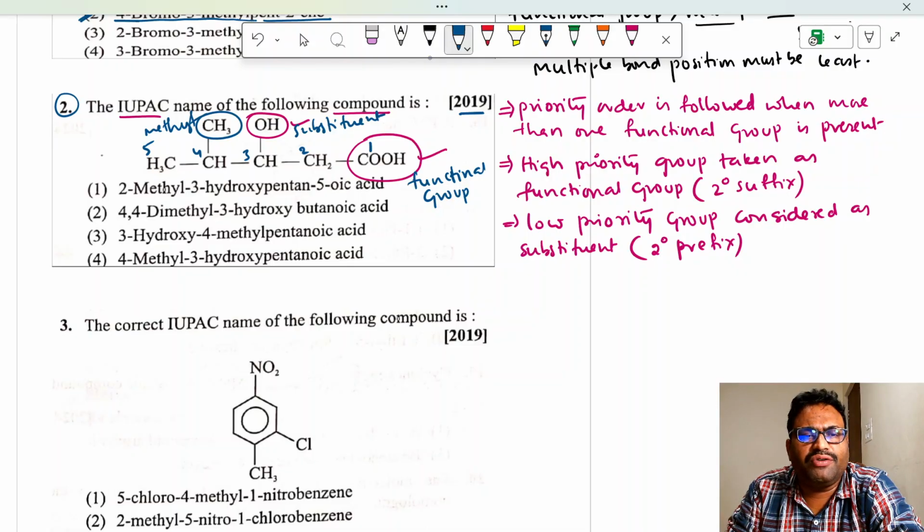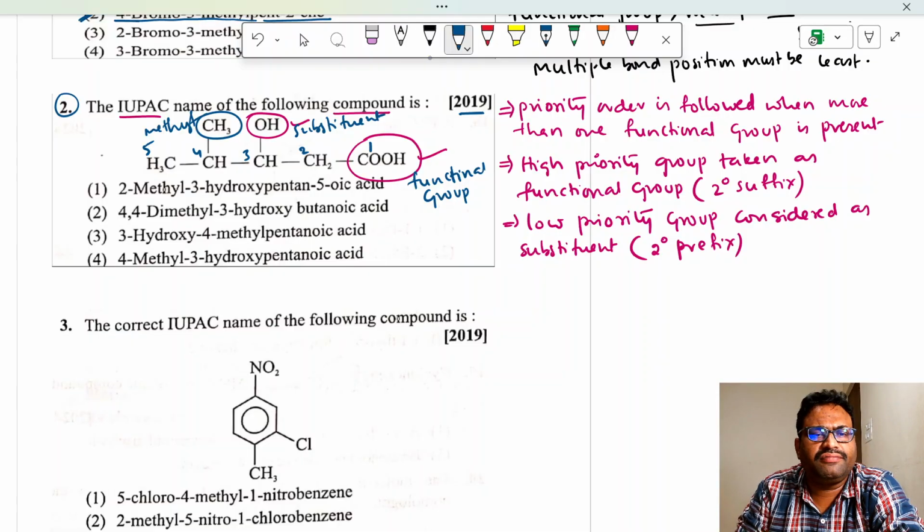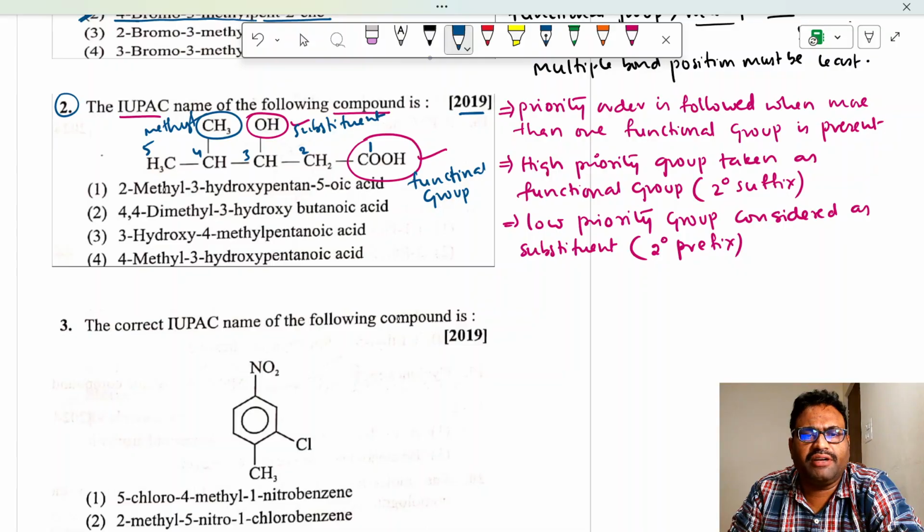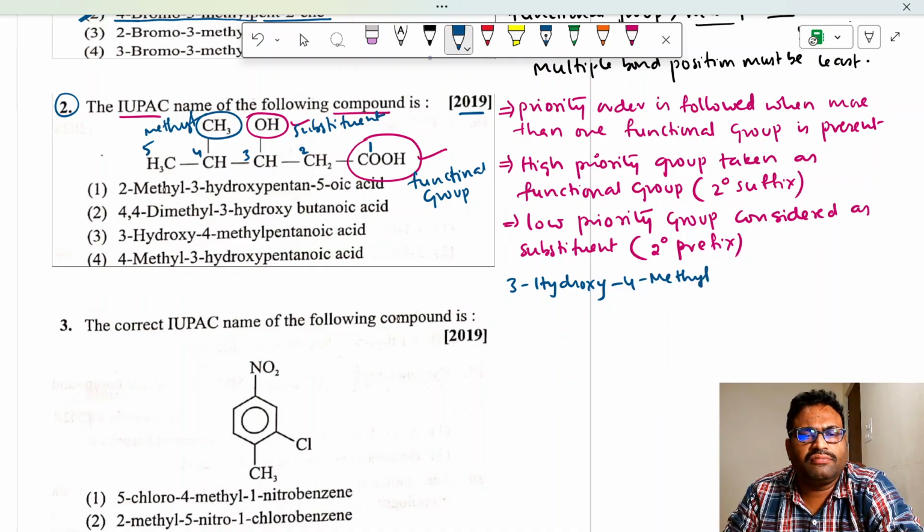So first we write 3-hydroxy, then 4-methyl. Secondary prefix is completed. Next, we have to write the root word. Root word is for 5 carbon atoms: pent.